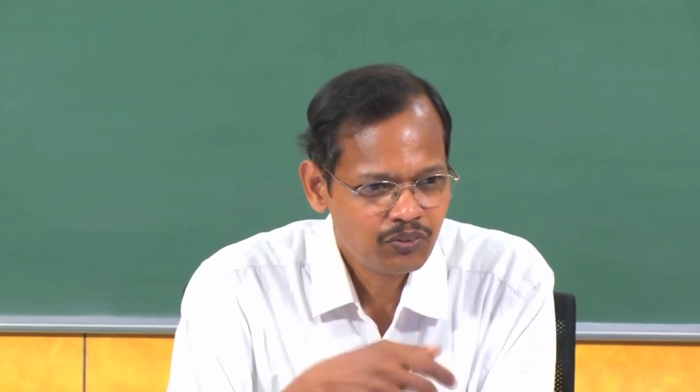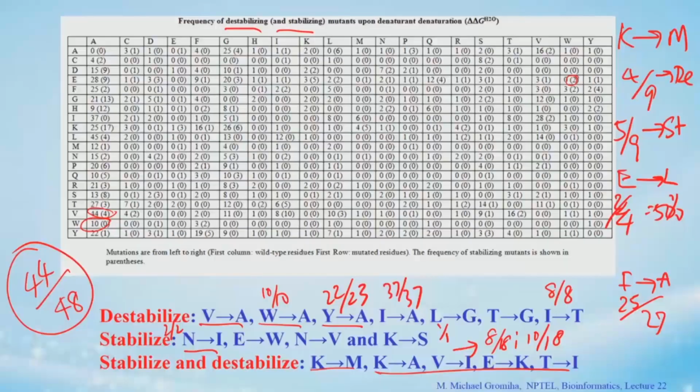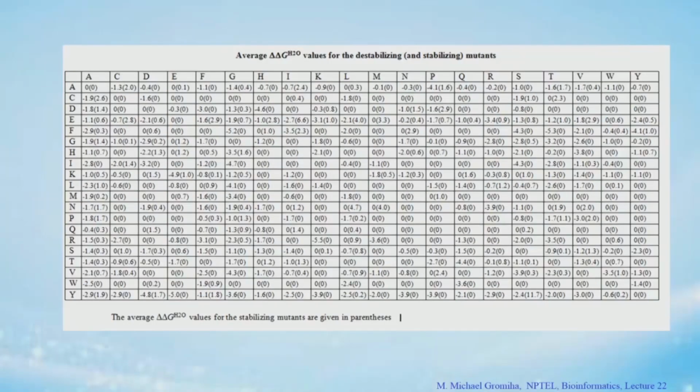This is a classification. Now, if you want to predict the real values, what can we do? For example, if we have these mutants, for this C to A, it is 4, all the 4 we know the values, take the average, now this is the value, minus 1.9. These are for the destabilizing, and for the stabilizing we give the values in parentheses.